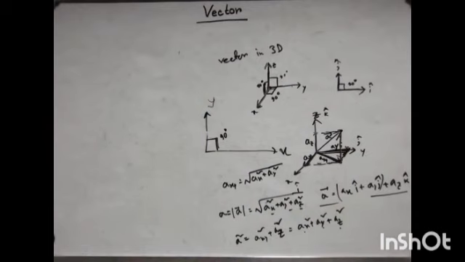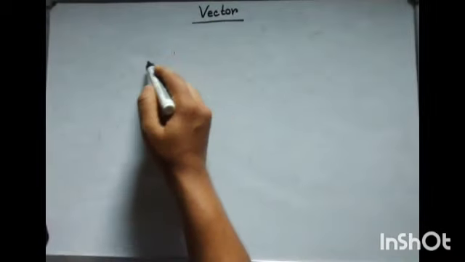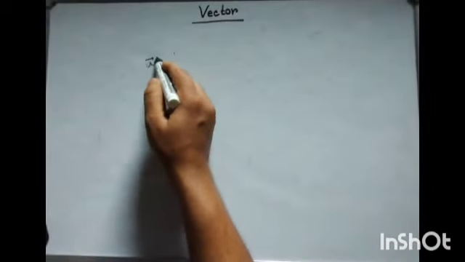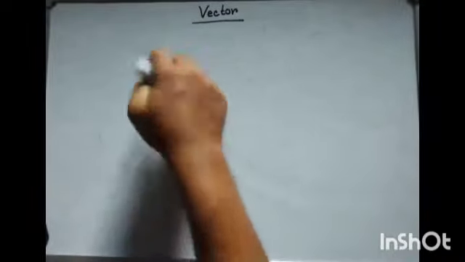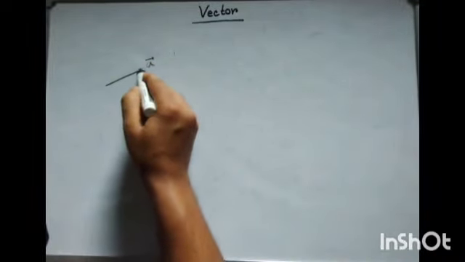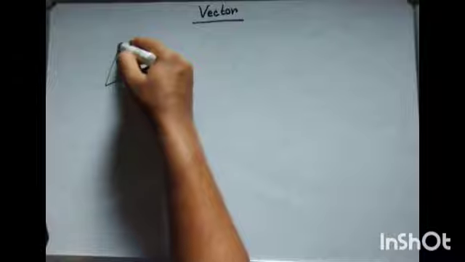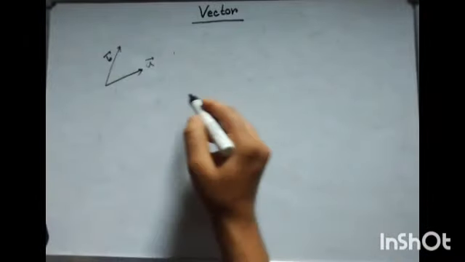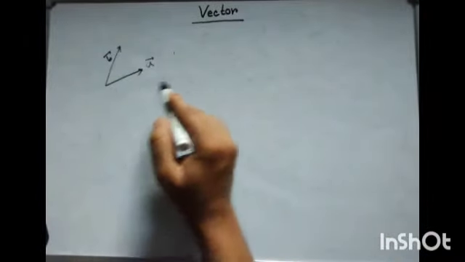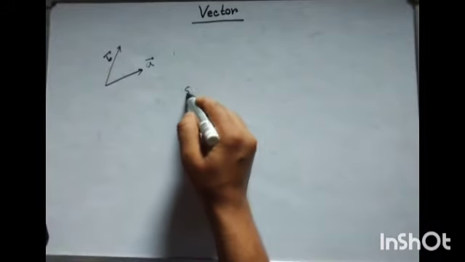Okay, now we will see multiplication of two vectors, a vector and b vector. Suppose this is a vector and suppose this is b vector. If we want to multiply these two vectors, there are two kinds of multiplication.